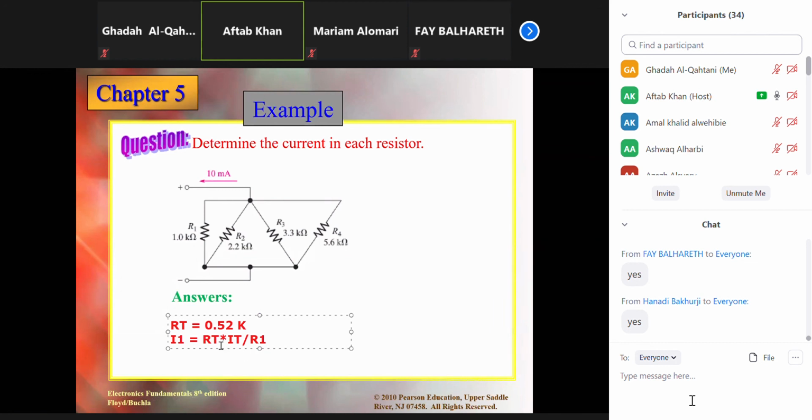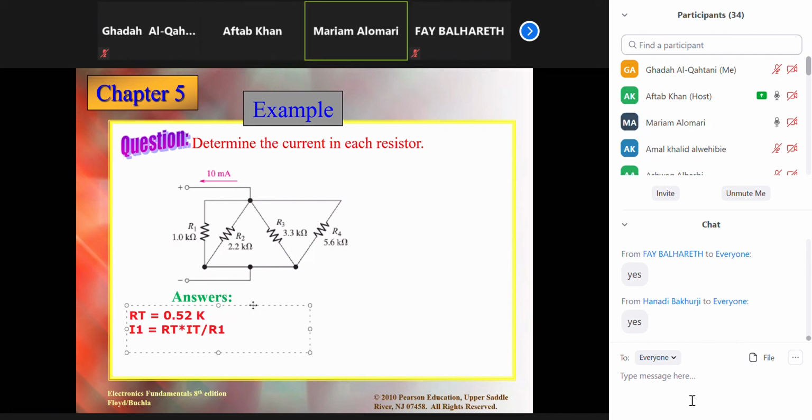Other than this approach, where you are applying the current divider rule, is there any other approach, do you think? Finding the voltage. Yes, Mariam, this is also possible. We can find the voltage, which is Vs, the source voltage, which will be IT multiplied by RT.